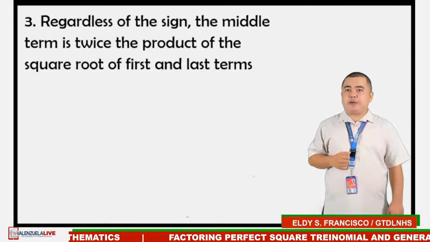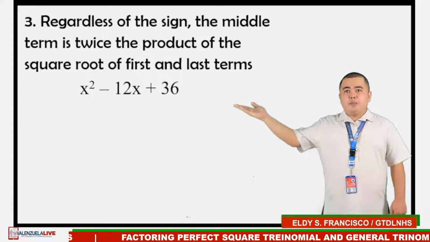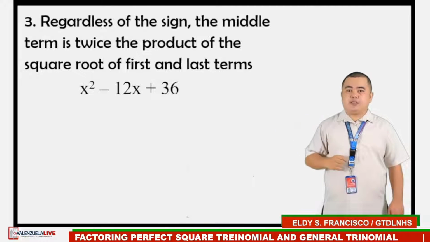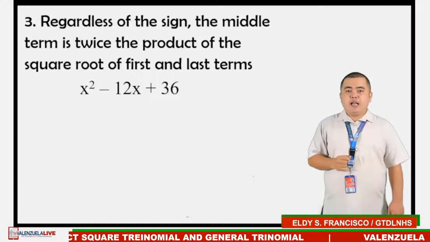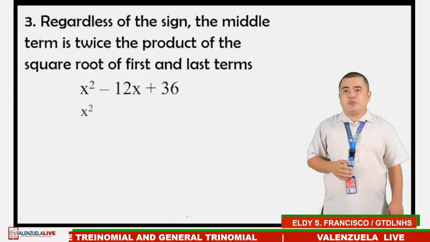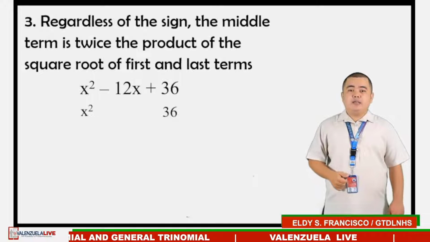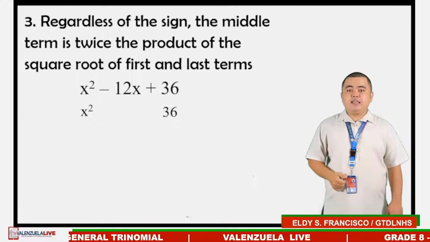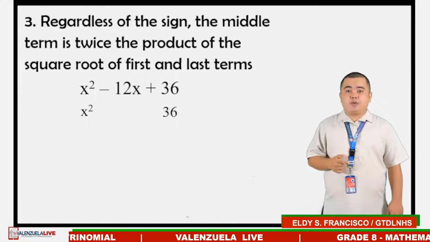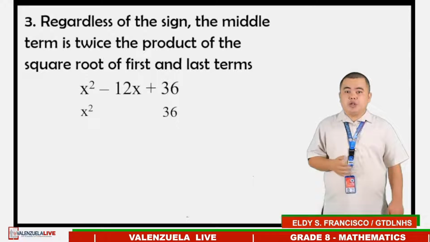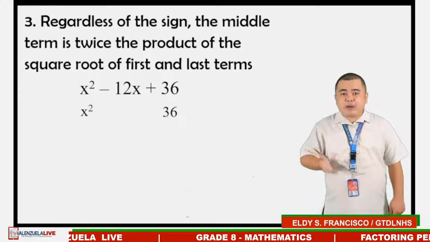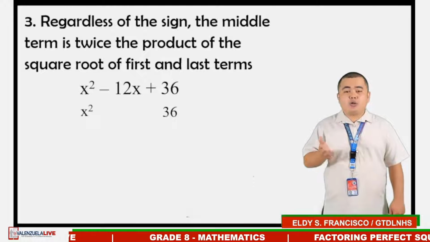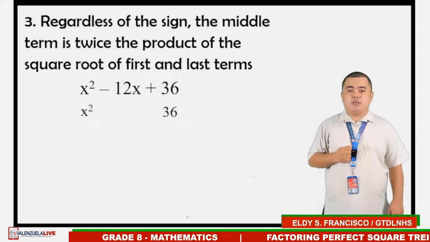Let us use the expression x squared minus 12x plus 36 as an example. First, let us get the first and last term. We have x squared and 36. Then, get the square root of those terms. But take note, we will get only the principal square roots of those terms.